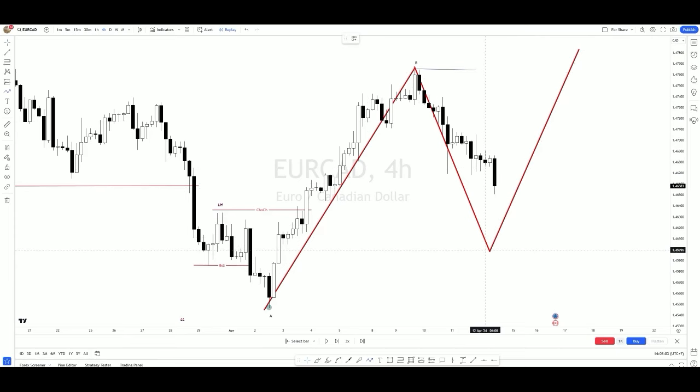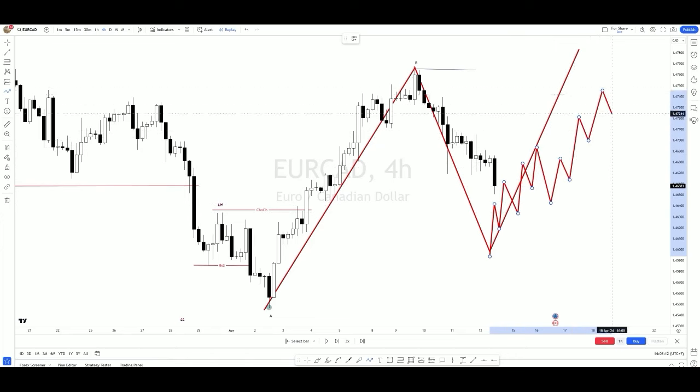The market will be moving like this. Maybe even like this, and then up again until breaking B to confirm C.